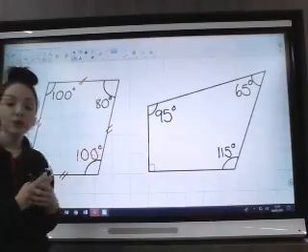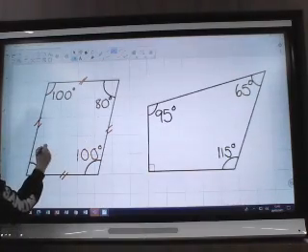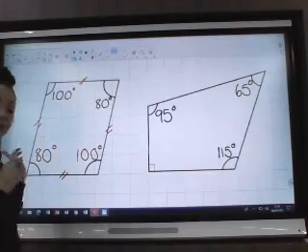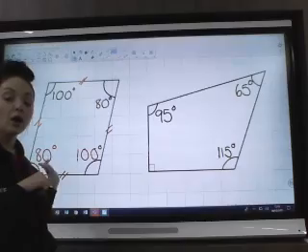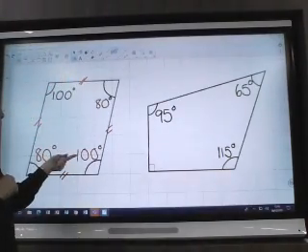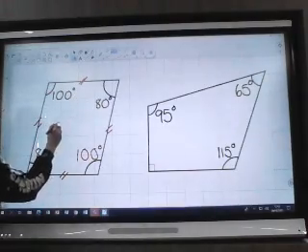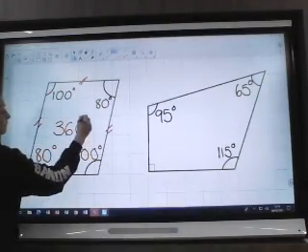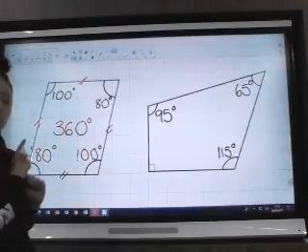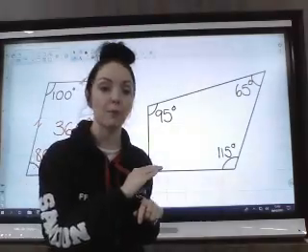So those angles are going to be the same size. So this one is opposite to this one. So to work out now whether this shape would be impossible or not, all I have to do is add them up. So 100 add 100 is 200. Add 160, it would equal 360. So that shape is possible because they do add up to 360, so I wouldn't tick that one.